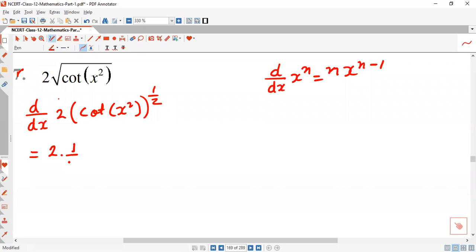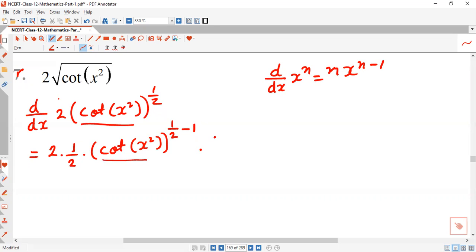So it becomes half, this function cot of x squared, goes to power half minus 1, into dy/dx of this inner function. It is not x here, we are not differentiating x basically.